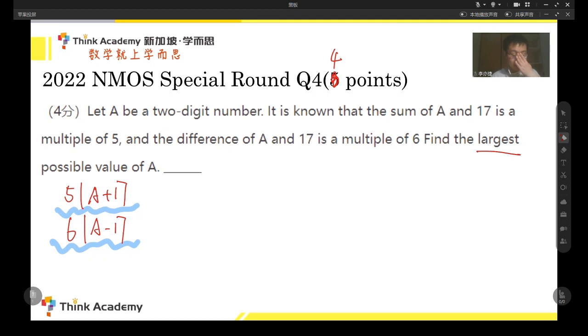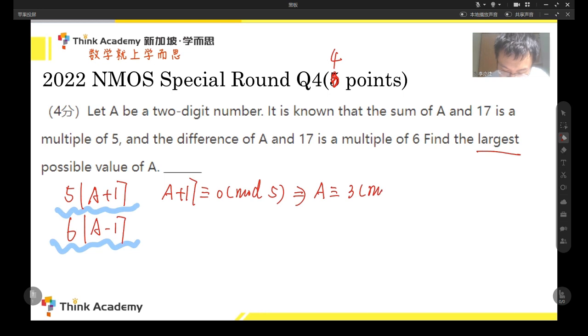So now here we have A plus 17 is a multiple of 5, which means A plus 17 should have a remainder of 0 when divided by 5, right? Then, as the remainder can be added or subtracted, we have A should be 3 mod 5. That is the same meaning as A has a last digit of 3 or 8, right?